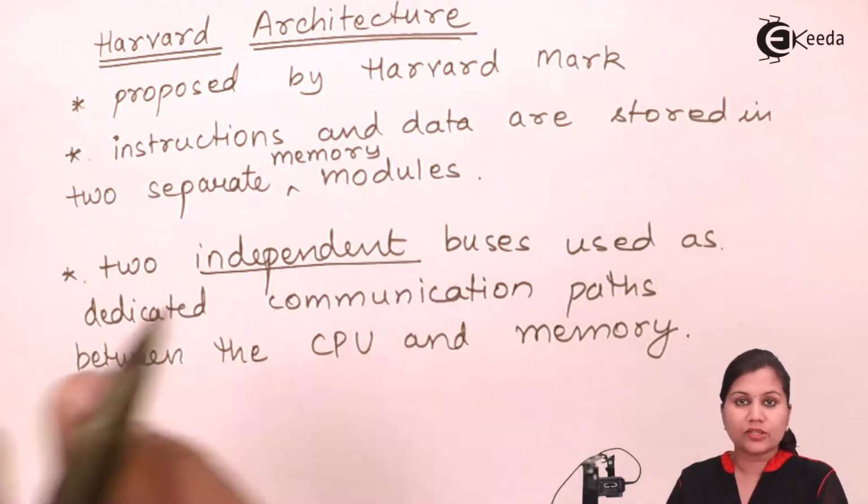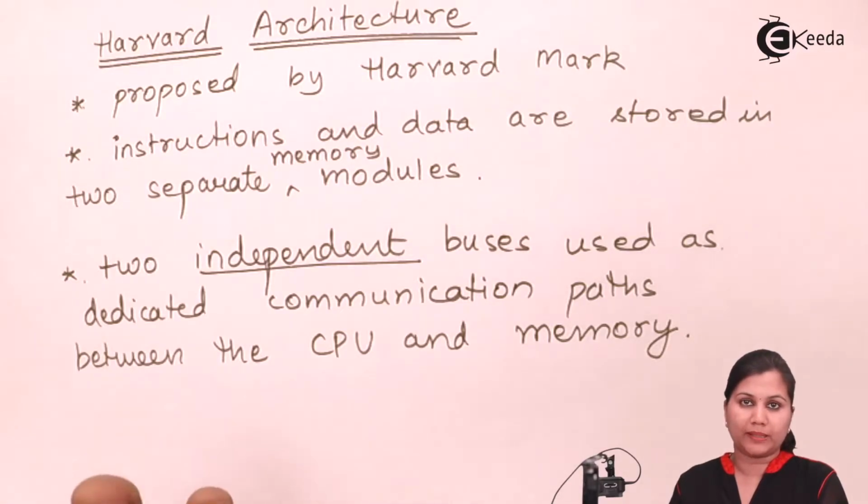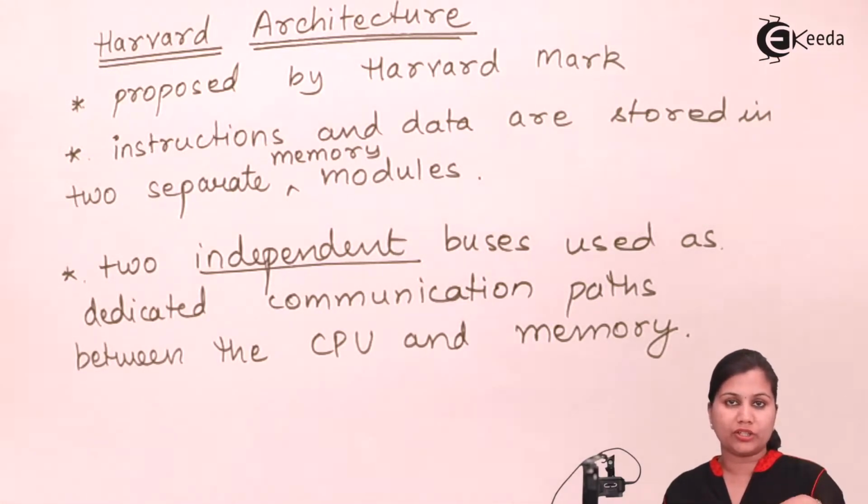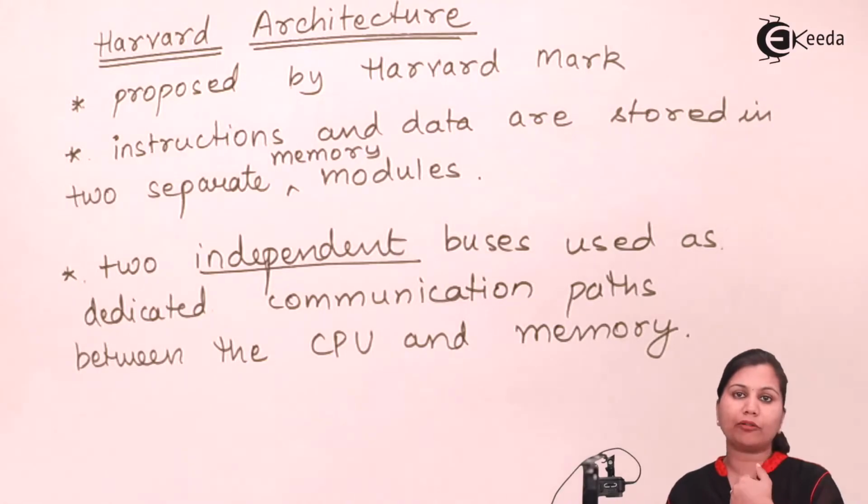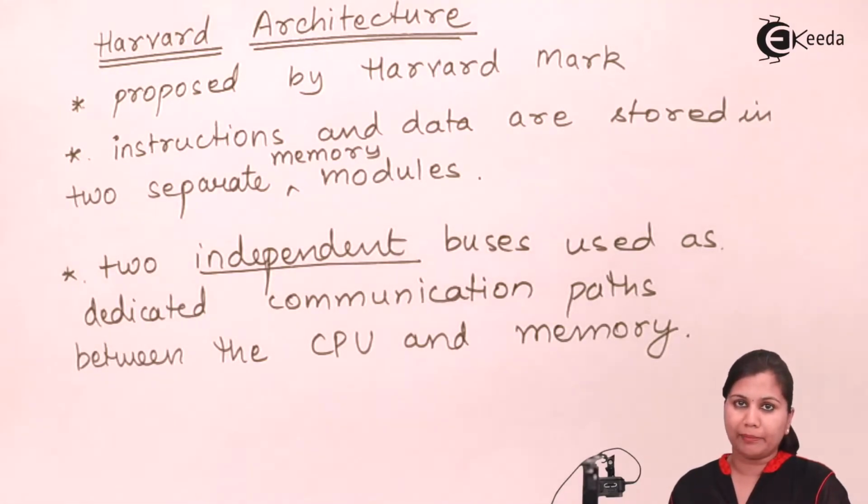Independent means that there is no connection between the two buses. For the instruction there will be a separate bus, and for the data there will be a separate bus.